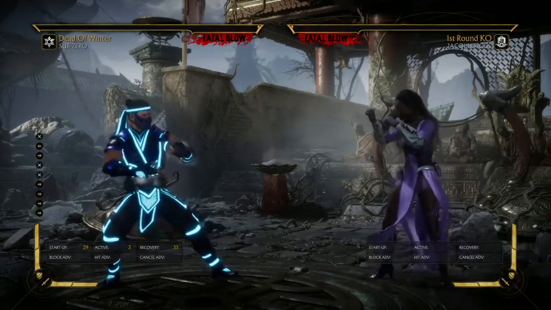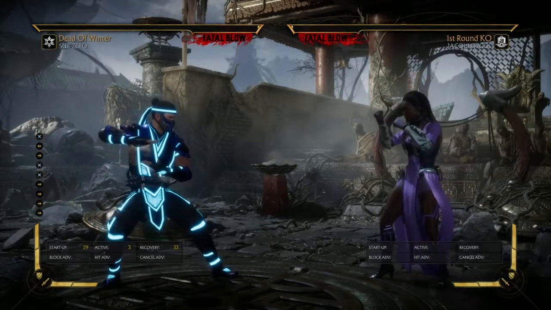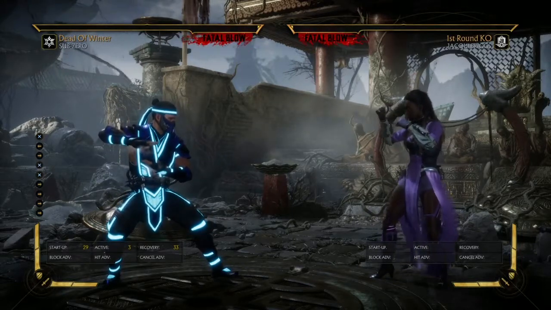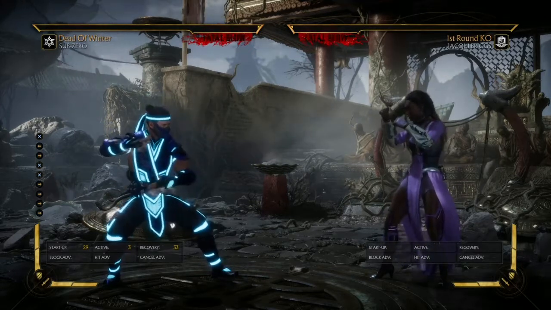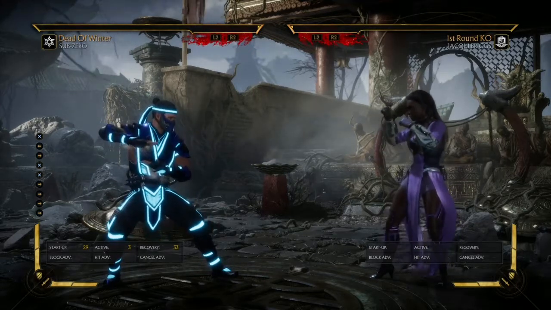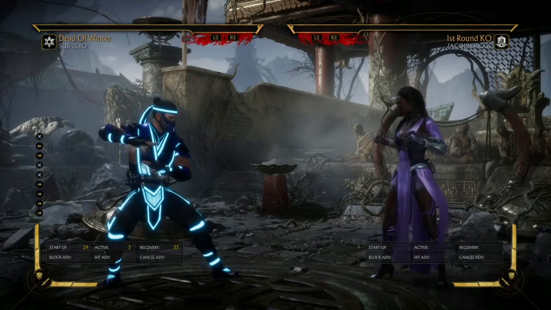So if you subtract the cancel advantage from the startup frames of the next move, that tells you how big the gap is, as Rocco's explaining.